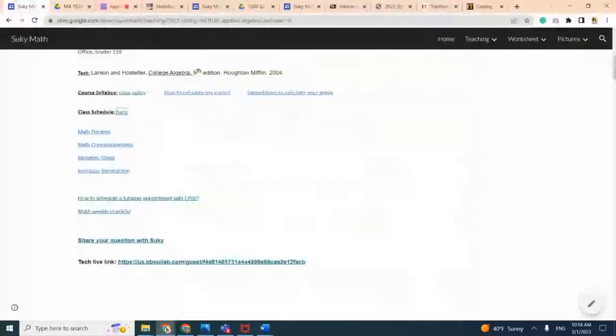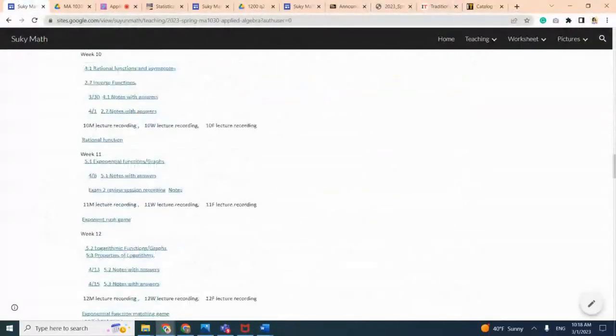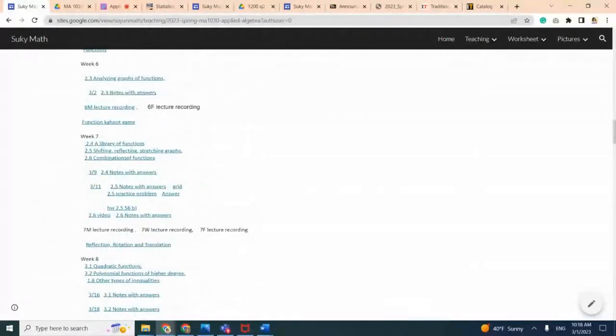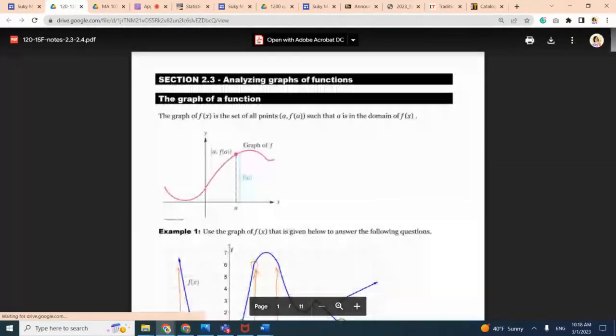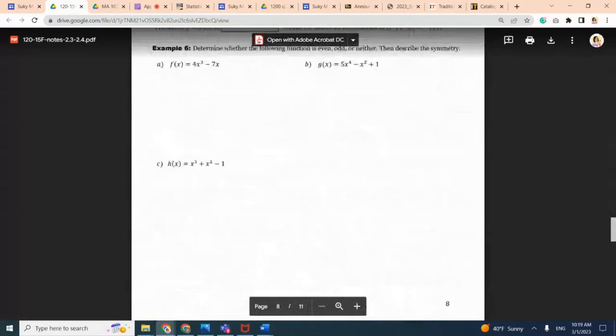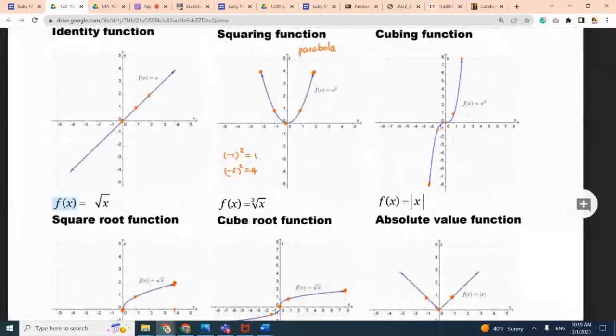What are the key points? In section 2.4, right here, we have the library of the parent functions. Also remember those key points.